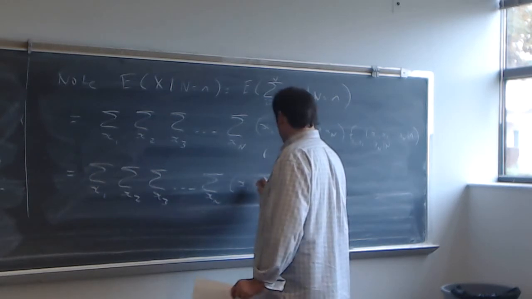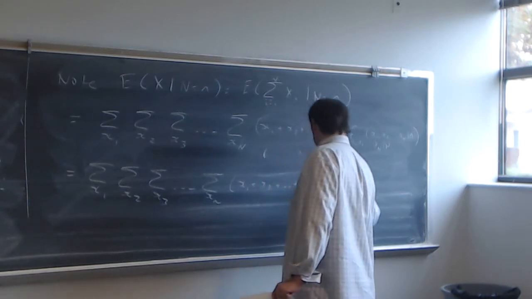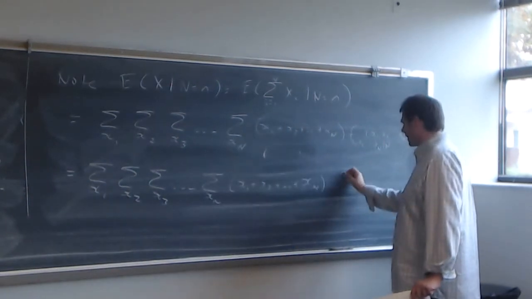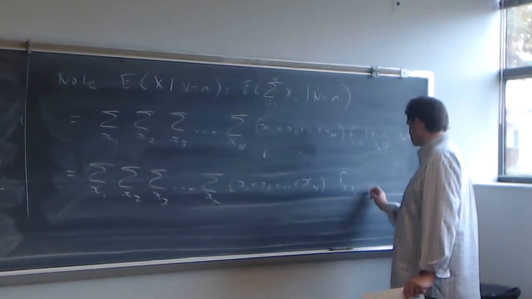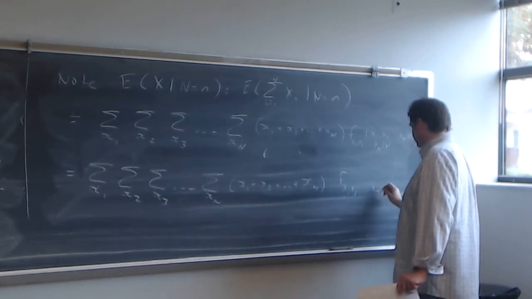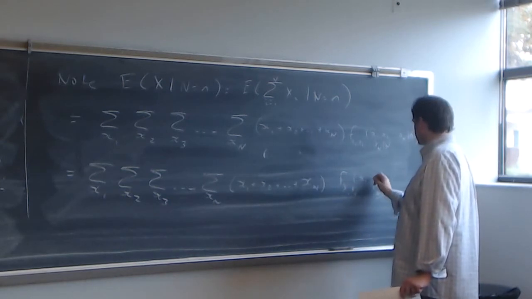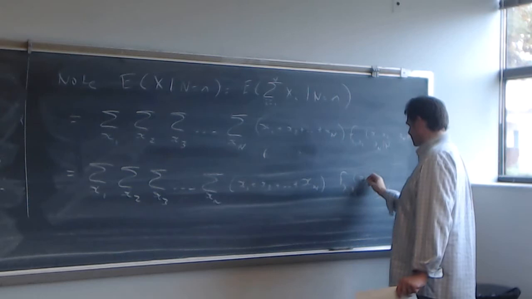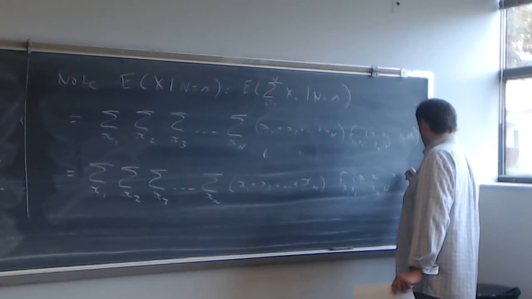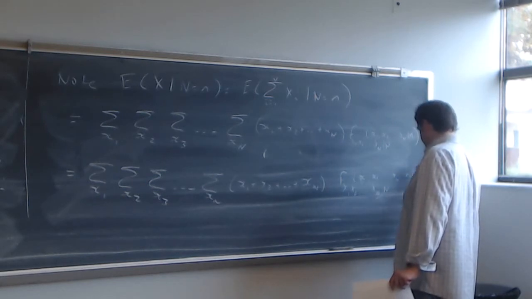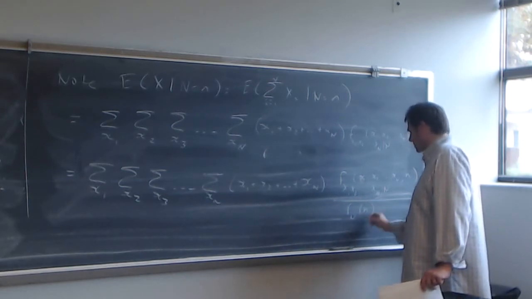This will be X sub 1 plus X sub 2 plus all the way up to X sub n. And here, we rewrite this as the joint PMF of X 1, X 2, all the way up to X n, and then comma N, all over the PMF of big N equals little n.